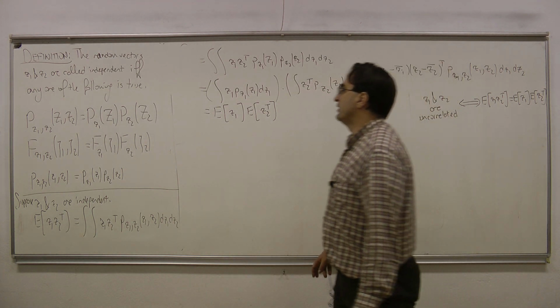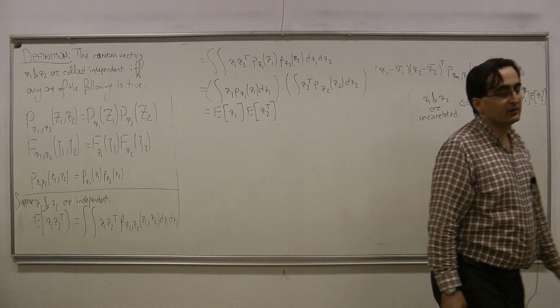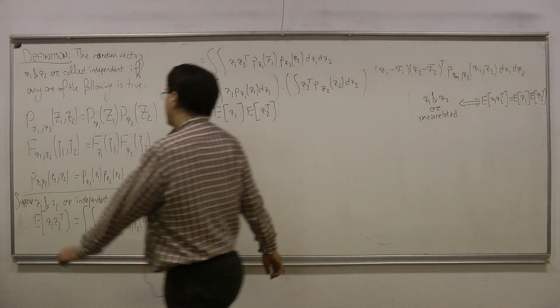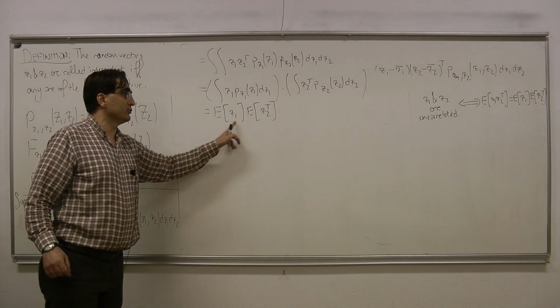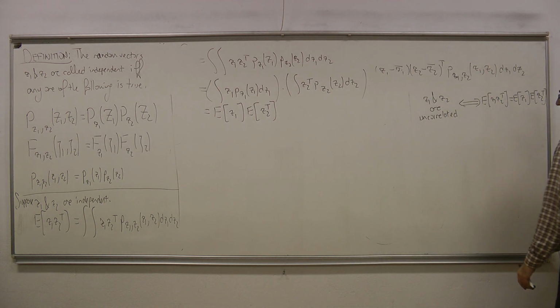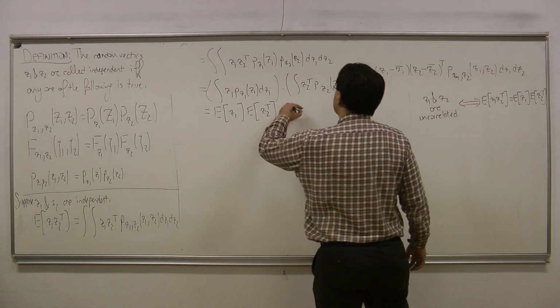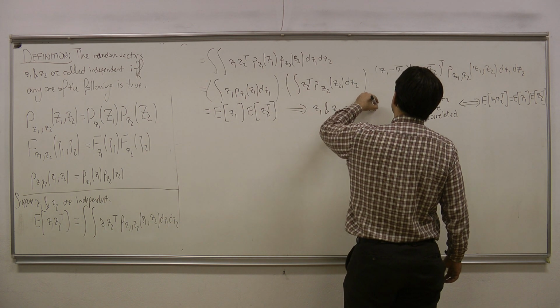So we started with Z1 and Z2 being independent, and we showed that the expected value of Z1 Z2 transpose is equal to the multiplication of the expectations of Z1 and Z2. That means that these random variables Z1 and Z2 are uncorrelated.